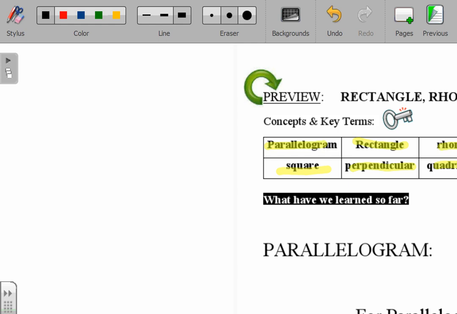Oh, excuse me, that first one is not congruent, it's parallel. Definition of a parallelogram. Opposite sides are parallel. You should be marking these on the diagram as a recap. Congruent.